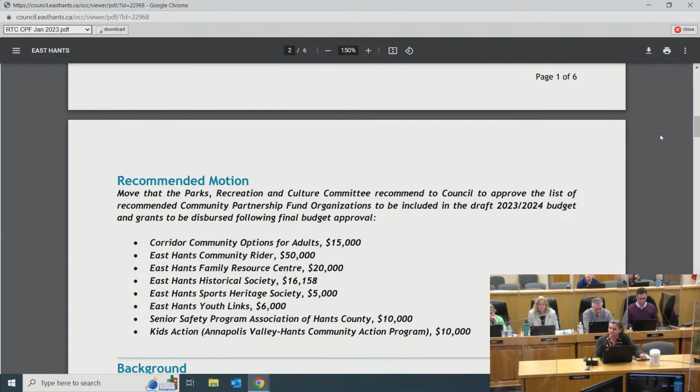Thank you, Mr. Chair. Through you, I'm just looking at the Family Resource Center. I know you touched on this, but can you just reiterate the part about their insurance? Certainly. Like a lot of our organizations, they receive funding for insurance through the Community Grant Program, which is separate from the Community Partnership Fund.